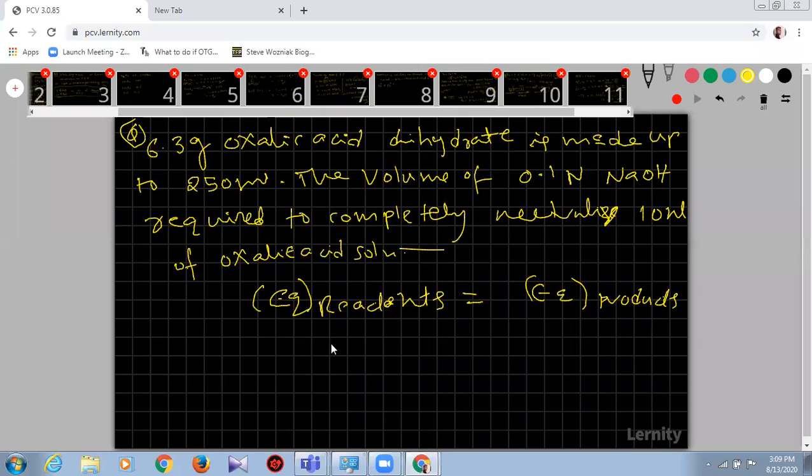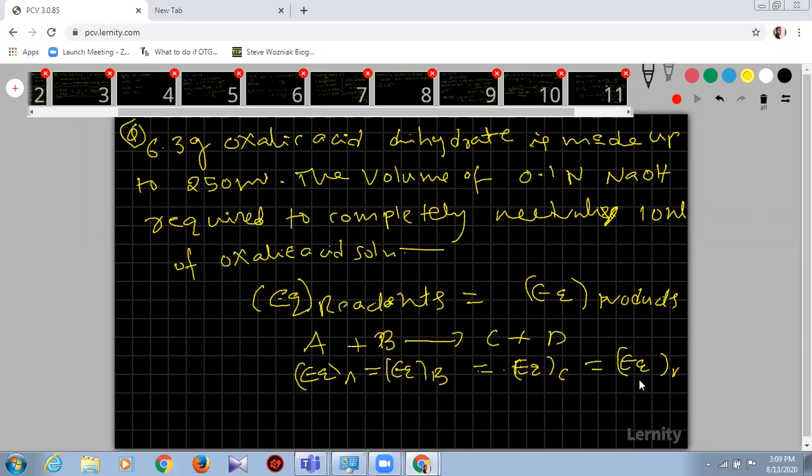Suppose I take A plus B giving C plus D. When would this reaction be possible? That is in terms of the quantity I'm telling. So equivalence of A equals equivalence of B, equal to equivalence of C, equal to equivalence of D. Am I right or not?